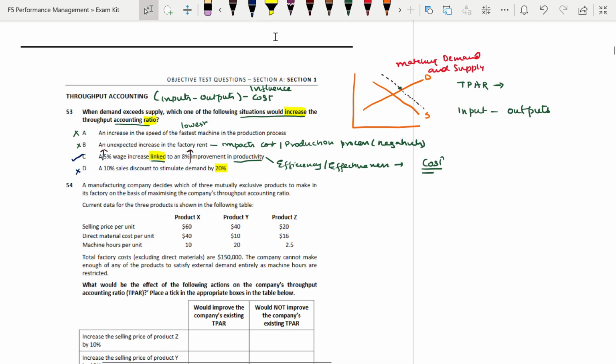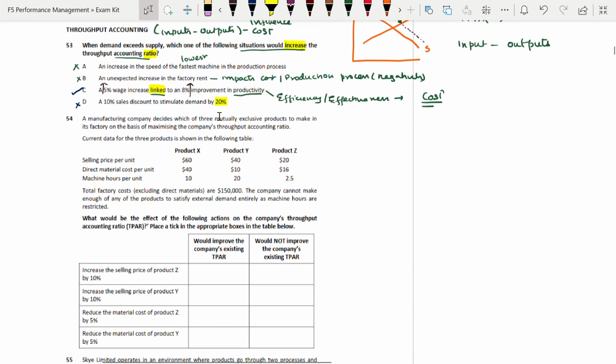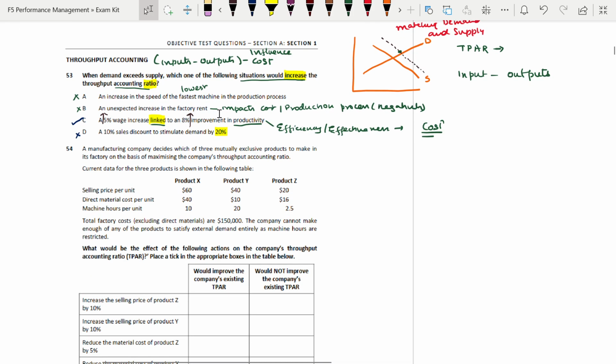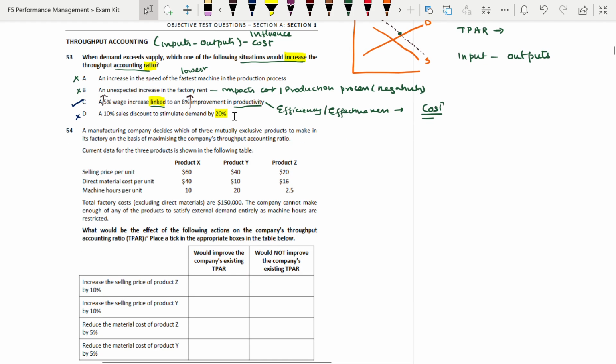Are you clear about this? Is it okay? Is it clear to you?